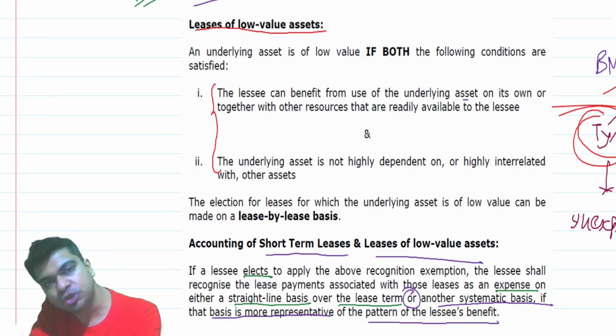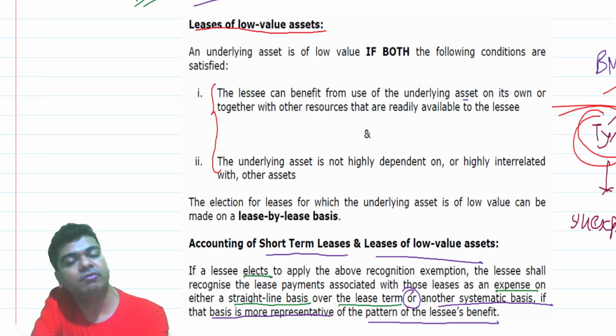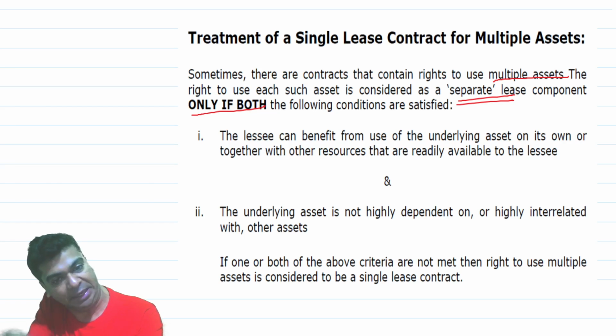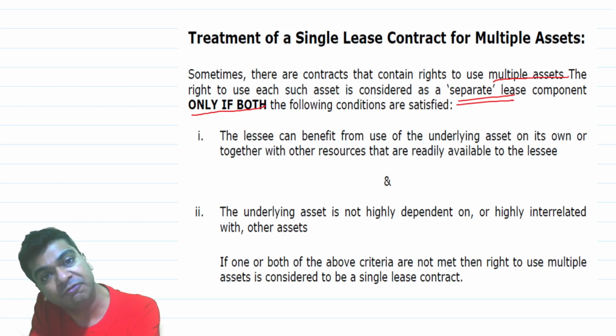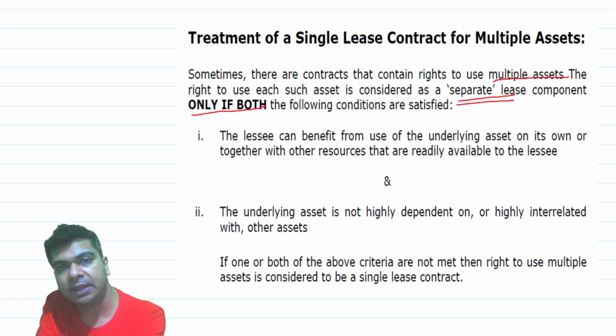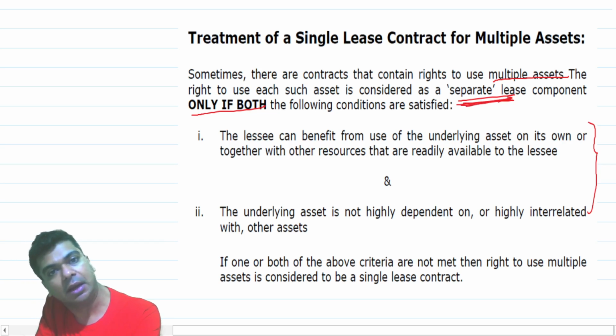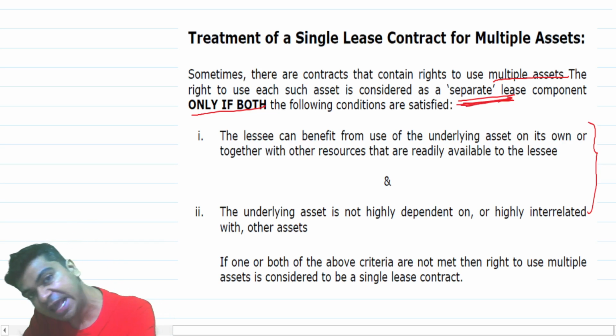So it's a repetition of those conditions. But earlier we were using those conditions to find out whether we can consider it to be a low value asset. The same conditions are now going to be applied to figure out whether separation can be carried out or not. If these two conditions are getting satisfied, we will consider the right of using each and every asset as a separate lease.